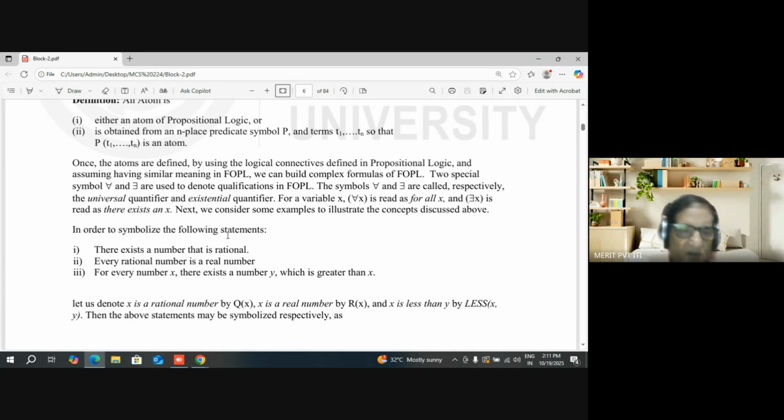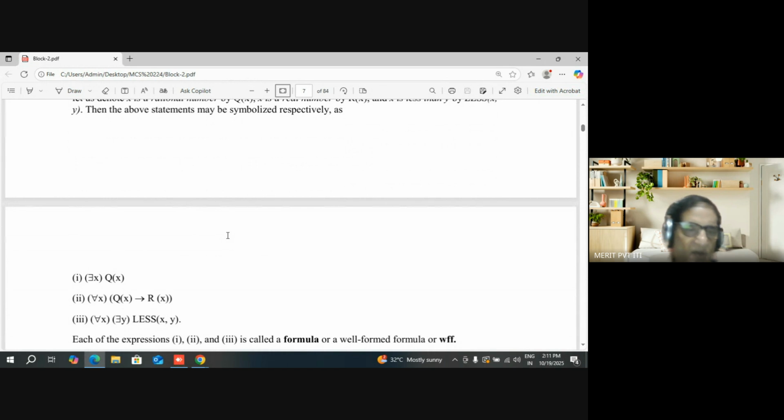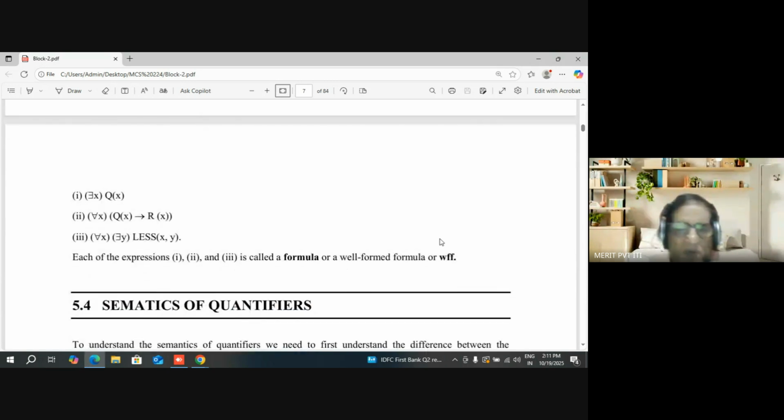So let's denote x is a rational number by Qx, x is a real number by Rx, and x is less than y by Less(x,y). Then the above statements will be symbolized respectively as: there exists x, Qx; for all x, Qx implies Rx; then for all x, there exists y, Less(x,y). Each of the expressions 1, 2, 3 is called a formula or a well-formed formula, or WFF.